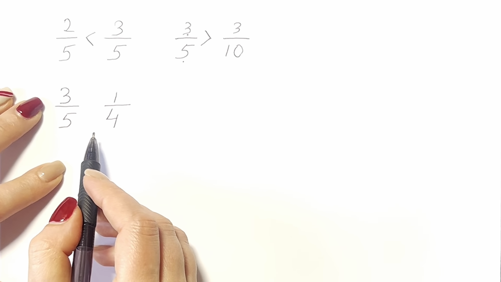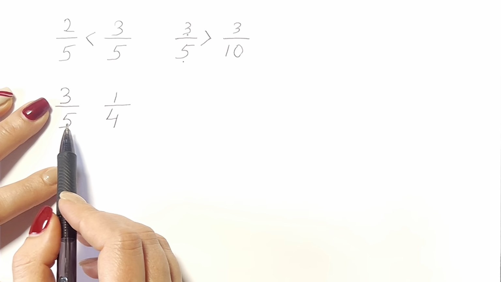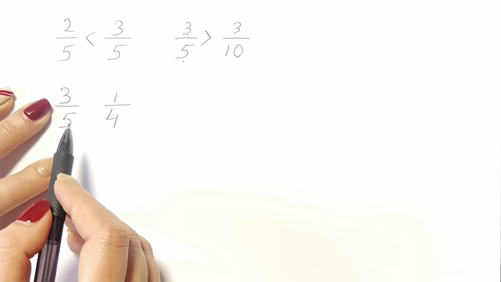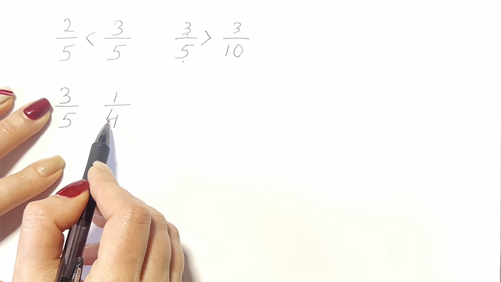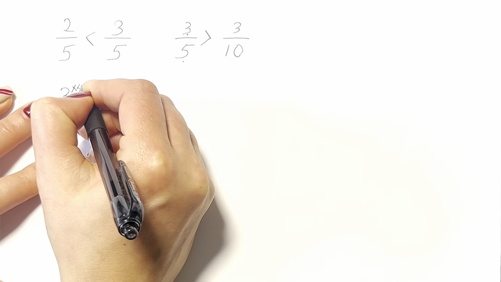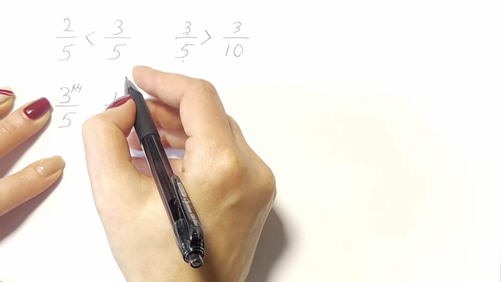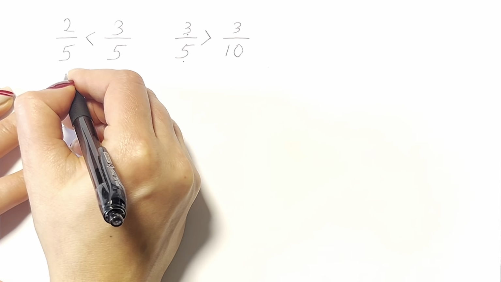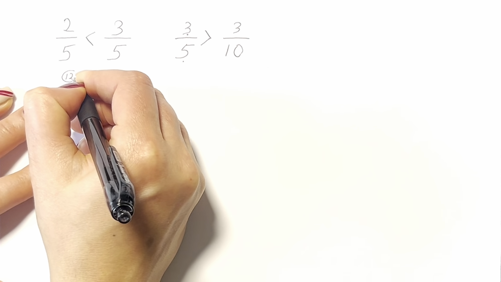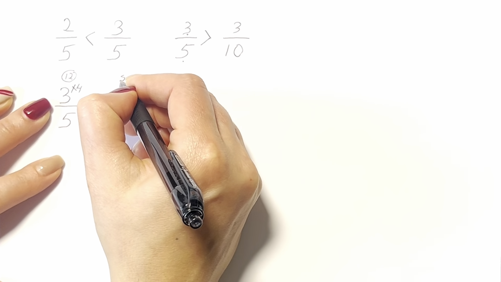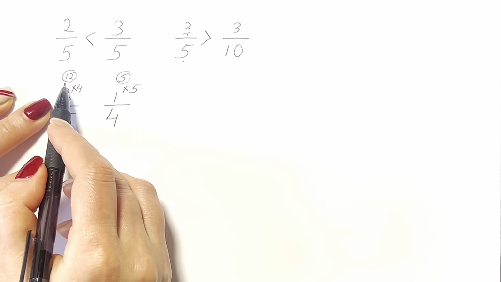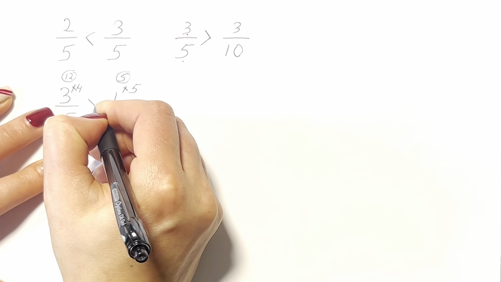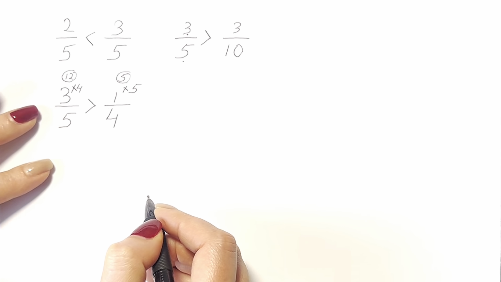Okay, so in this situation, when the numerator and denominator are different, we're just gonna do cross multiplication. 3 times 4 and 1 times 5. 3 times 4 is 12. 1 times 5 is 5. 12 is greater than 5. It means 3 over 5 is greater than 1 over 4.